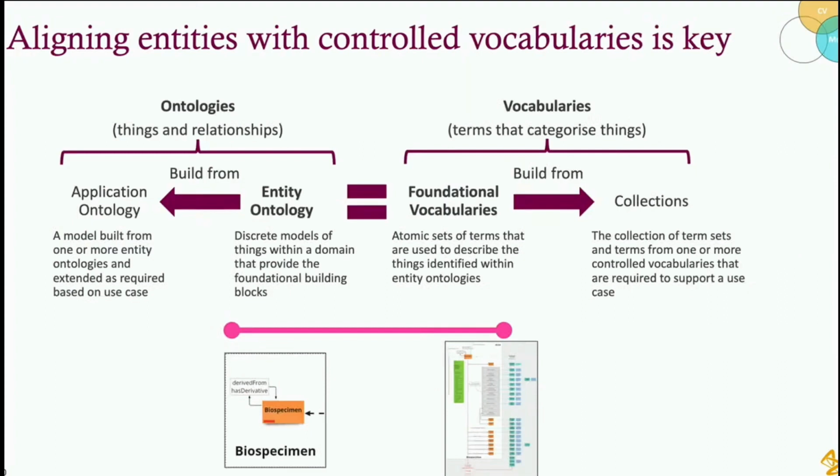So the controlled vocabularies and the model. We took a really early decision to create a separation between the two. Now, you'll see many ontologies in the life sciences area which are a combination of the vocabularies that describe an object and the model of the classes and the relationships between them.